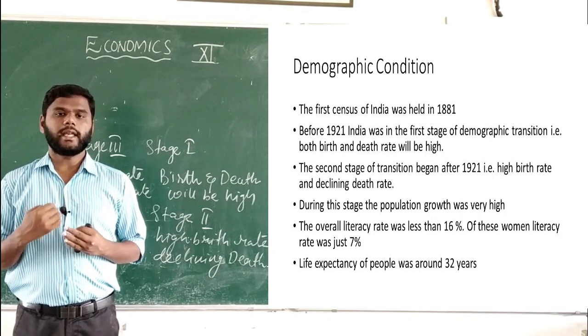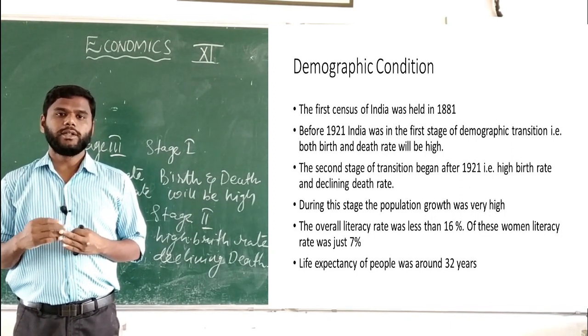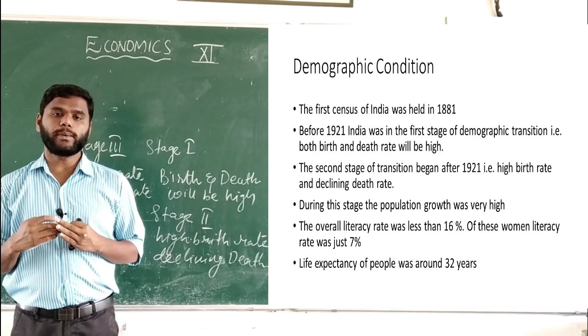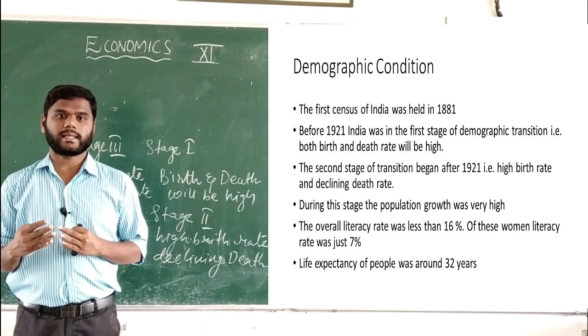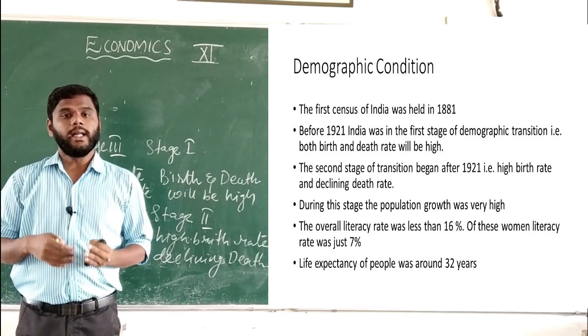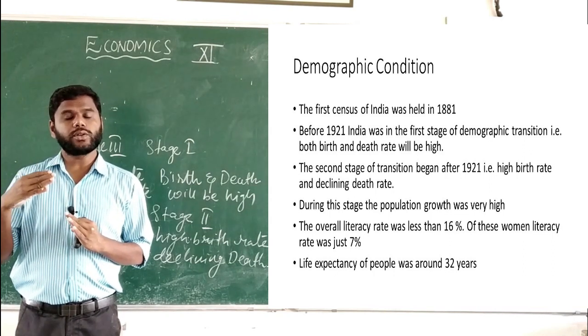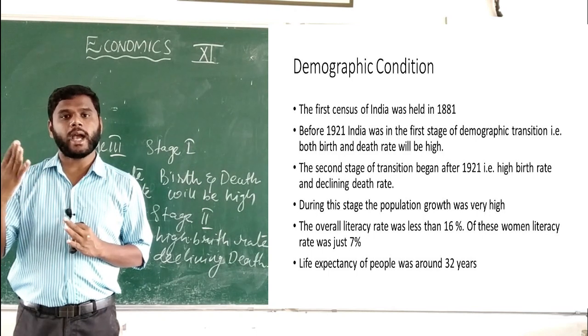In case of demographic transition, during the second stage, that is after 1921 in India, population growth was very high. Population growth വളരെ high ആണ്.